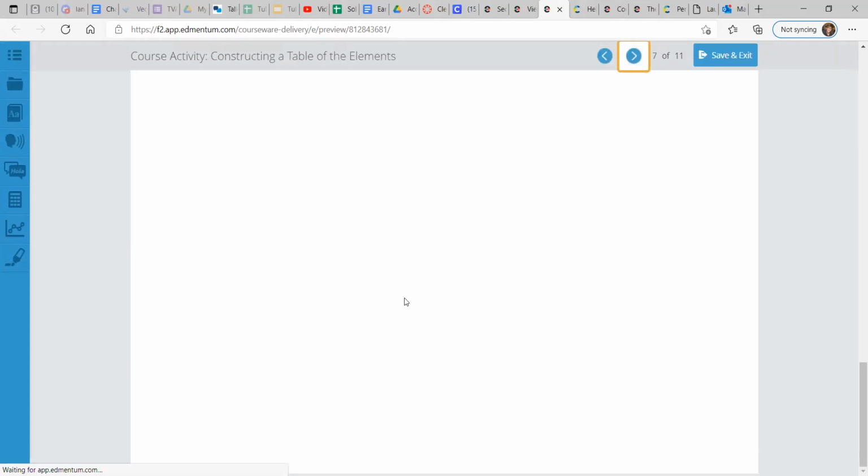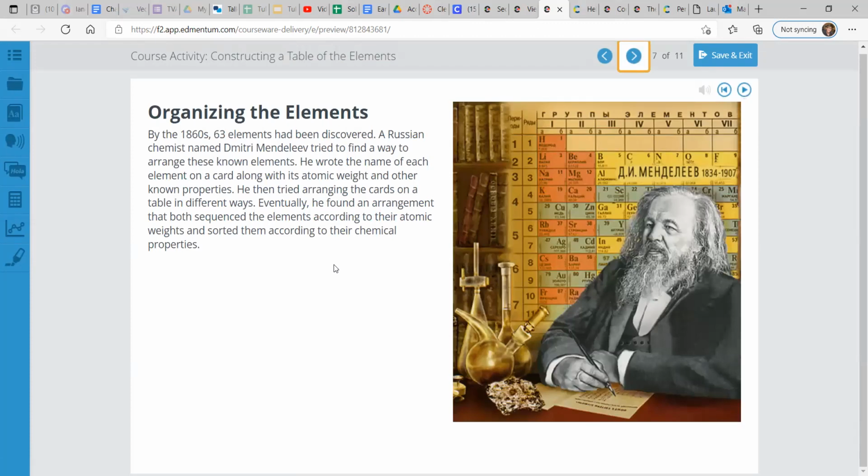Okay, moving on. Organizing the elements by the 1860s. Think back to the American Civil War era. At this time, people were discovering how to organize the chemical elements.